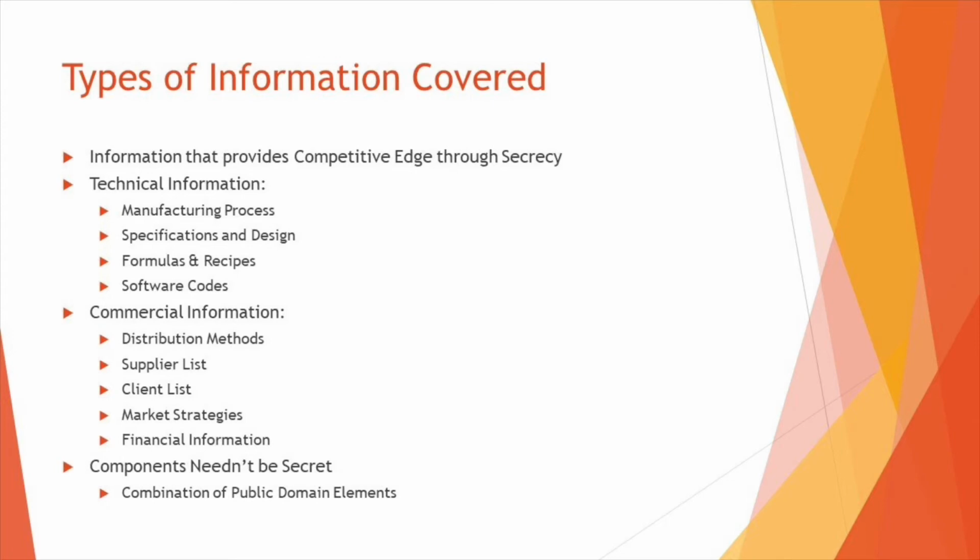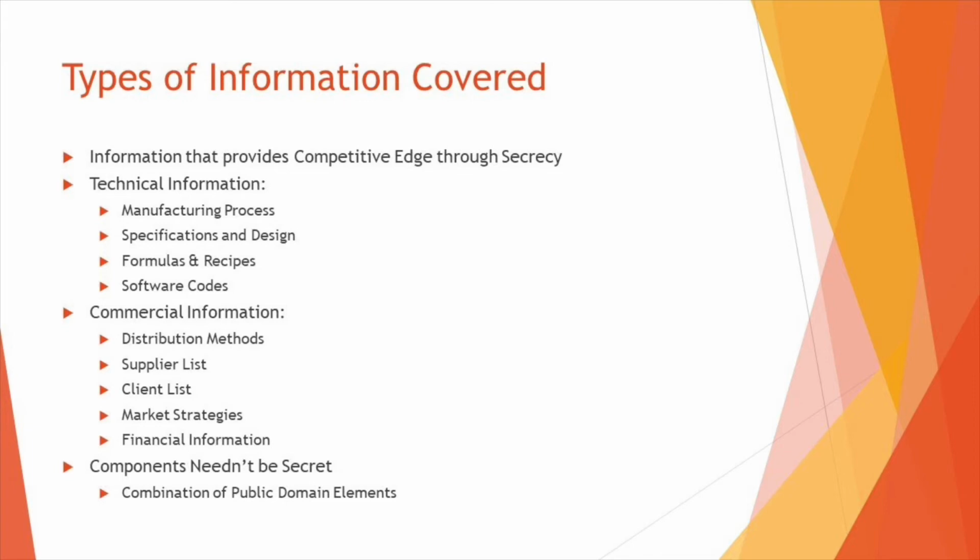This can be distribution methods, supplier lists, client lists, market strategies, and financial information of all types. Essentially, this is information about your business and about how you conduct your business, with whom you conduct your business, and how you plan to take your business forward.